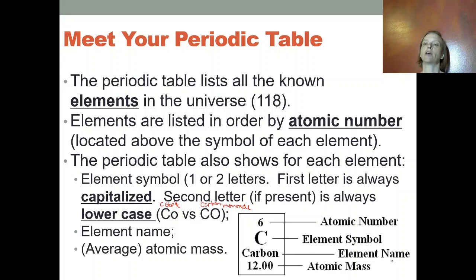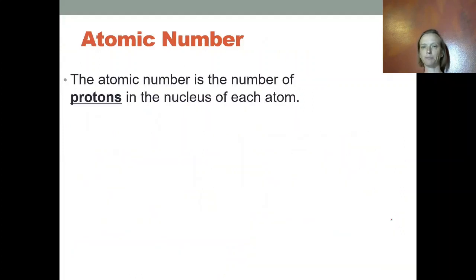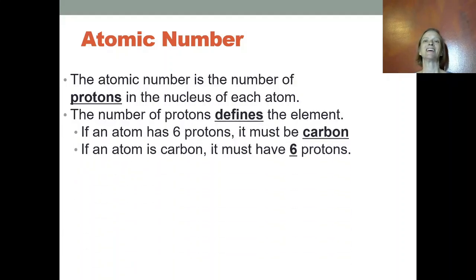We also are given the element name and we're given the average atomic mass. We're going to be focusing first on this atomic number. We'll give a definition for you. The atomic number is the number of protons in the nucleus of an atom. The protons define the element.